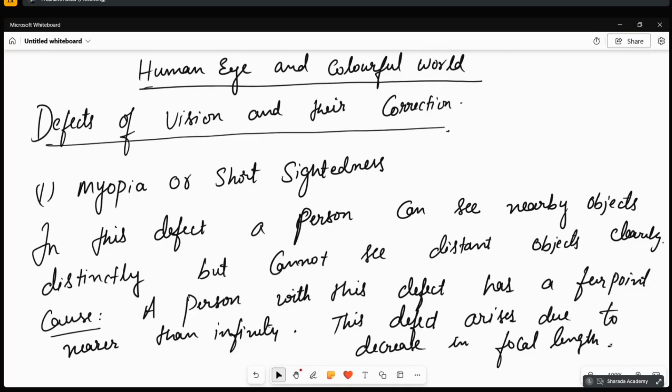See, excessive curvature of the eye lens means what? This is the curvature, right? This length is not the curvature. If curvature increases, the focal length will reduce, because this circle will become small. Curvature increases means this bulge will increase. In a small circle, curvature will be more.